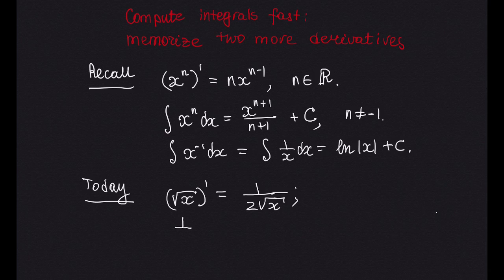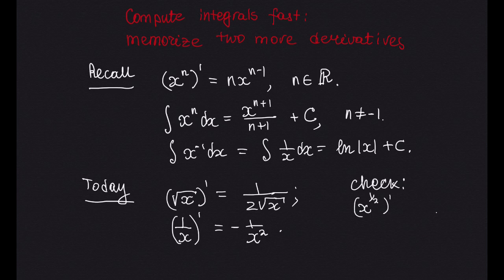And another formula that is useful to have memorized is that the derivative of 1 over x is negative 1 over x squared. So of course you may want to check that square root of x is x to the power 1/2. So if you differentiate it using this formula over here, you're going to get 1/2 x to the power negative 1/2.